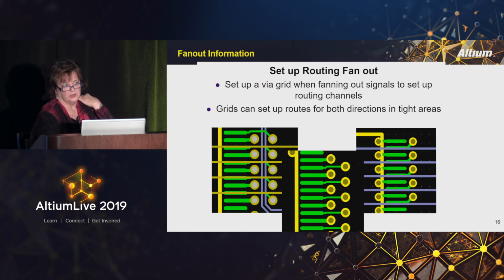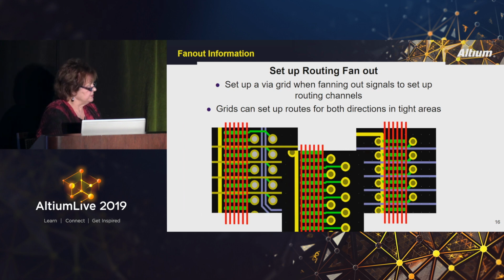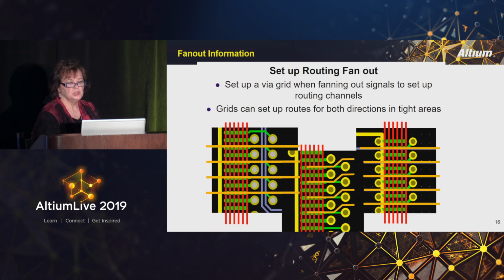A couple years ago, I was here and I did a class on setting up grids for PC board design, because in my opinion it's very important to have a grid pattern so that you have a path for signals going east-west as well as north-south. And you can make sure that you have enough room for things like this to go through, so that you have a lot of routing ability, even though you've made a nice grid pattern for those signals.